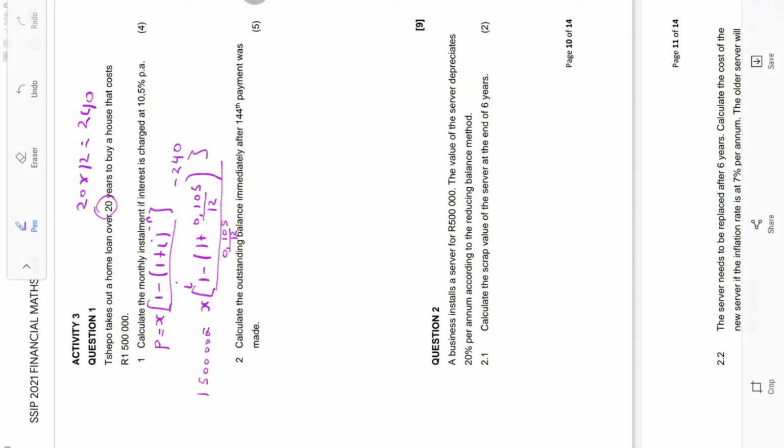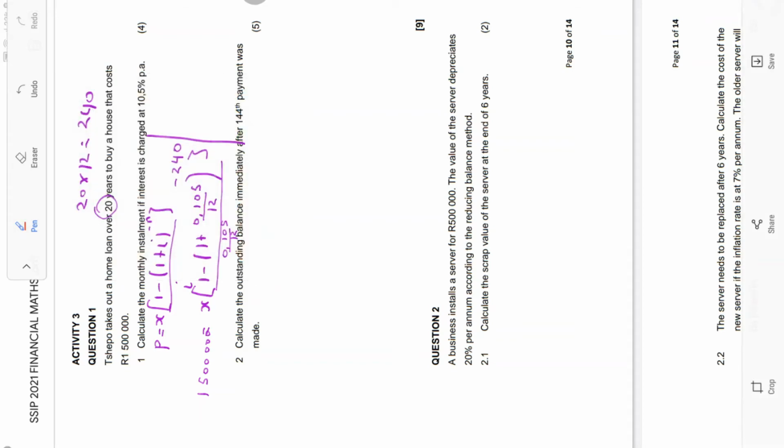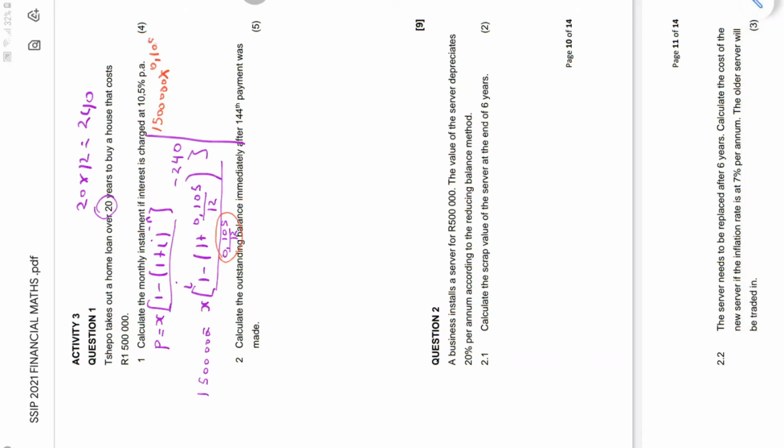Some of you struggle to get the value of x here, and it's a problem of algebra. Let me show you how you're supposed to go about this. So you cross multiply by the denominator, so that means you have 1,500,000 times 0.105 over 12.